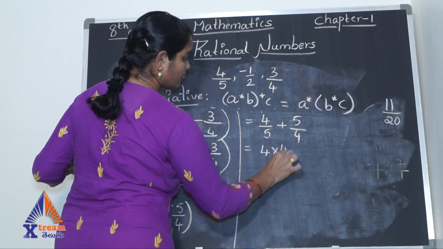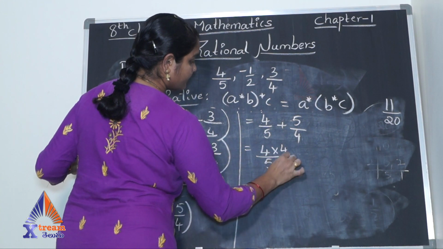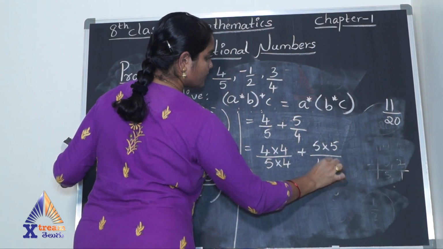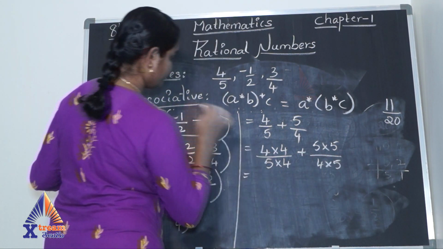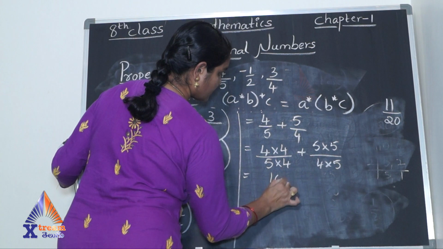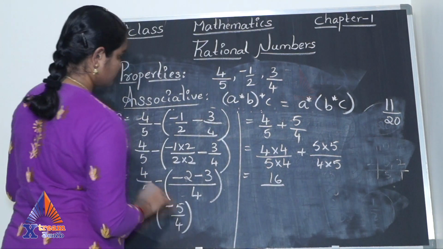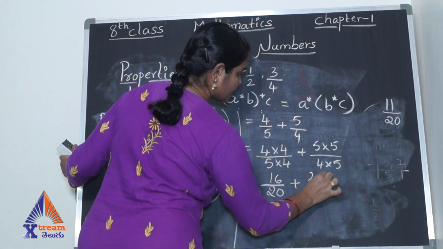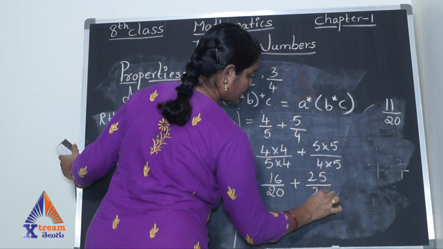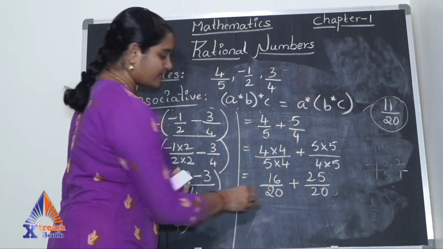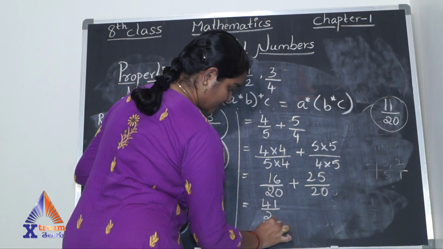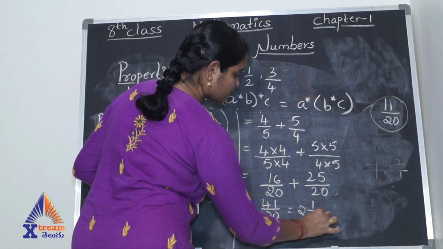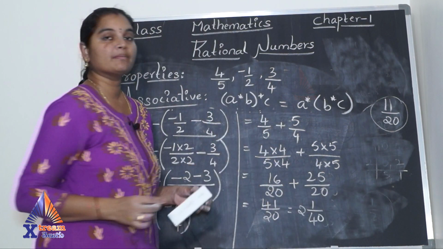So 4 into 4 by 5 into 4 plus 5 into 5 by 4 into 5. 16 by 20 plus 25 by 20. 16 plus 25, we get it as 41 by 20. Further, we get 2 into 20 is 40, left over 1, so 2 1 by 40.